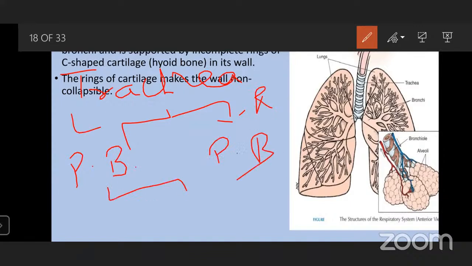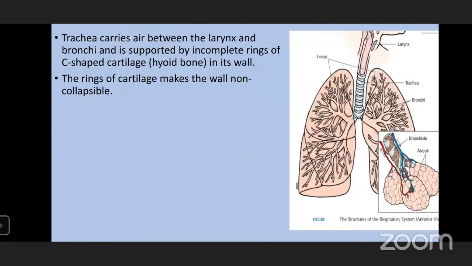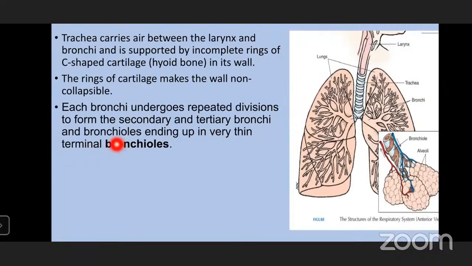Now this primary bronchi will divide again into left secondary bronchi and right secondary bronchioles. Okay, so again this secondary will divide into more, that is tertiary. Now they are known as bronchioles.